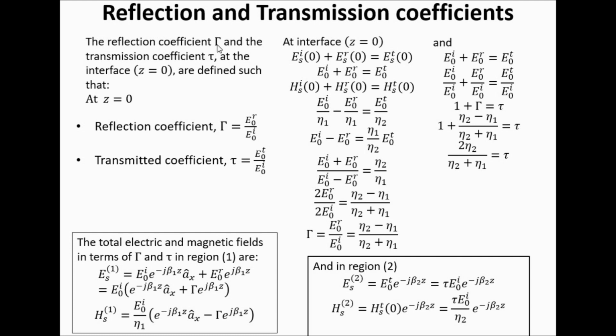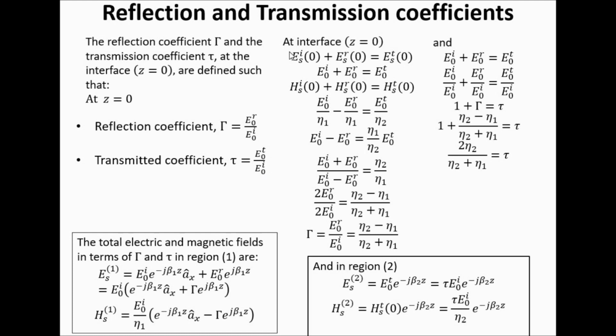We can find the reflection and transmission coefficient at the interface, z equal to 0. At z equal to 0, the reflection coefficient is E0R over E0I and the transmission coefficient is E0T over E0I.